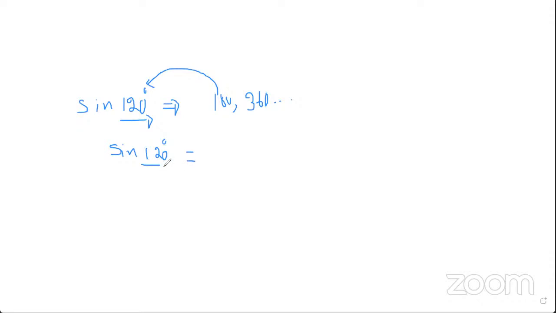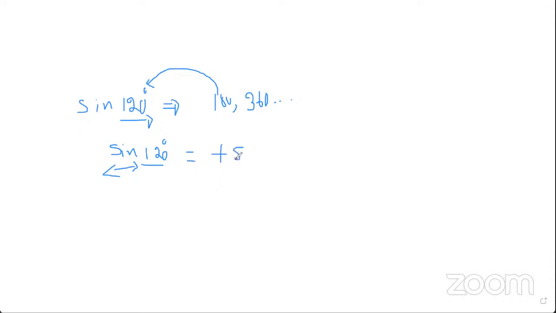Sine 120 comes in the second quadrant, an obtuse angle. Sine is positive in the second quadrant, so first you write positive.